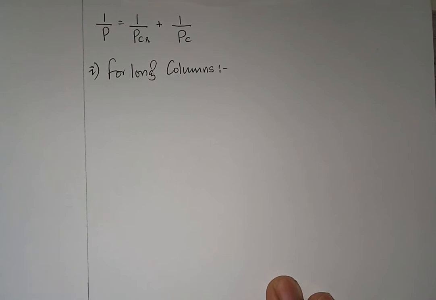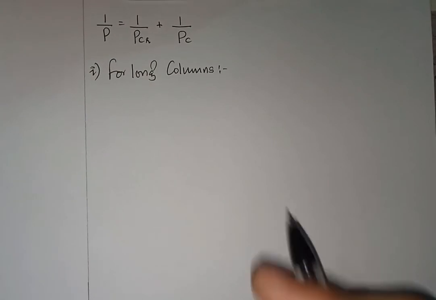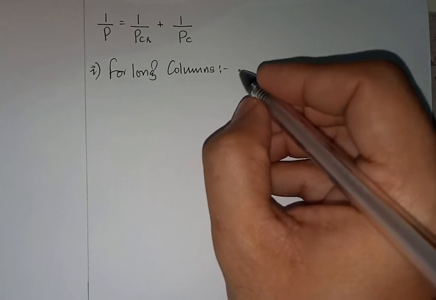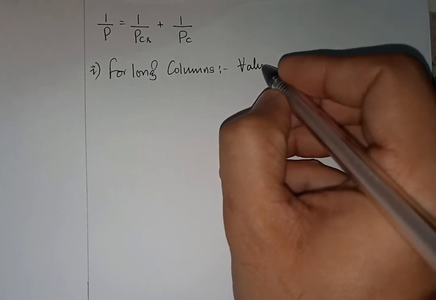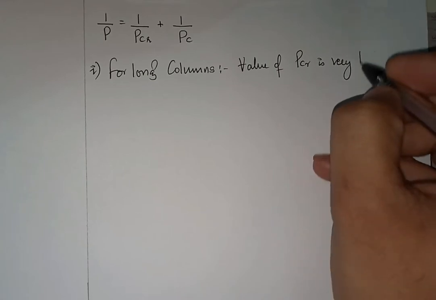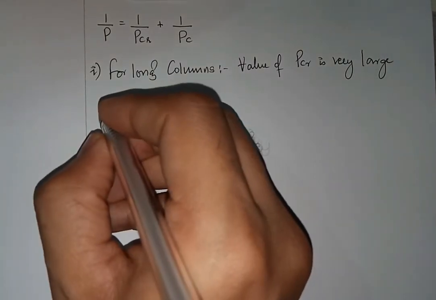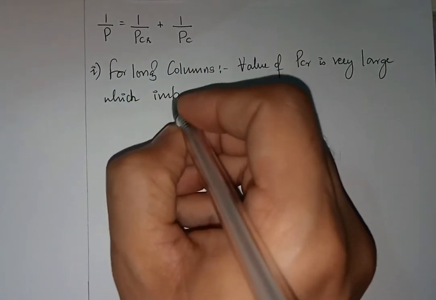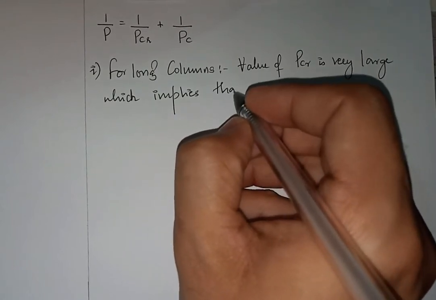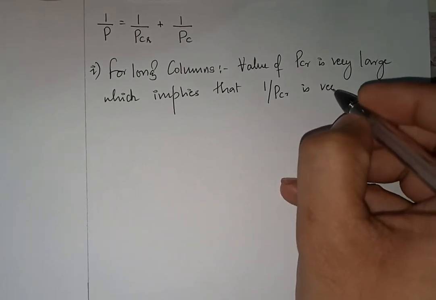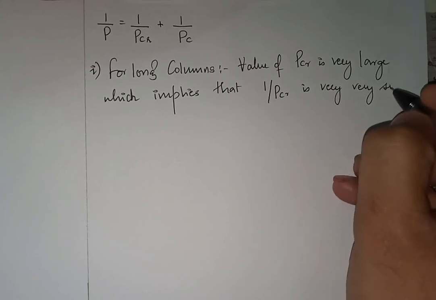So for long columns, what we observe is the value of PCR is very large, which implies that 1 divided by PCR is very small.